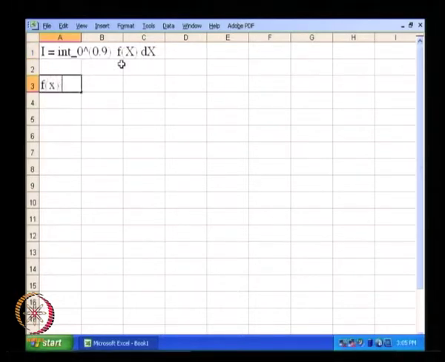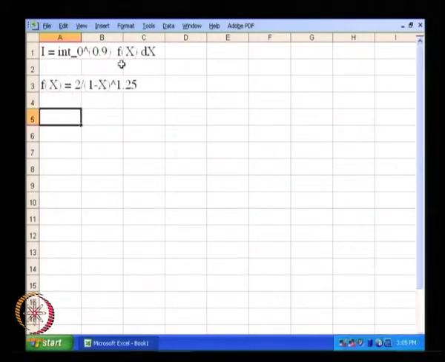F of x, where x is the conversion, as we have written on the board, f of x is going to be 2, because we get 10 divided by 5, that gives us 2, divided by (1 minus x) to the power 1.25. That is going to be our f of x, and we want our x to go from 0 to 0.9.